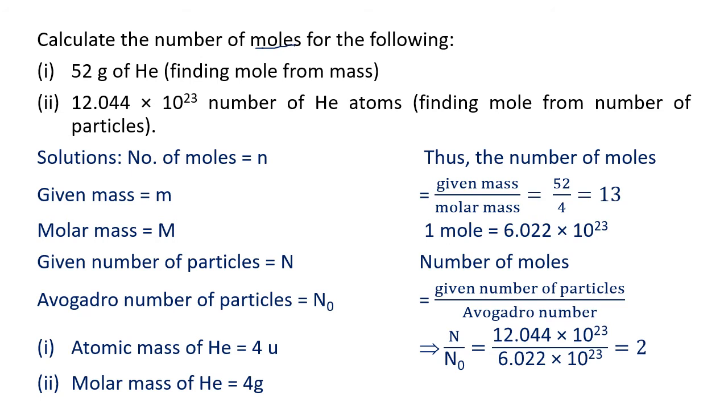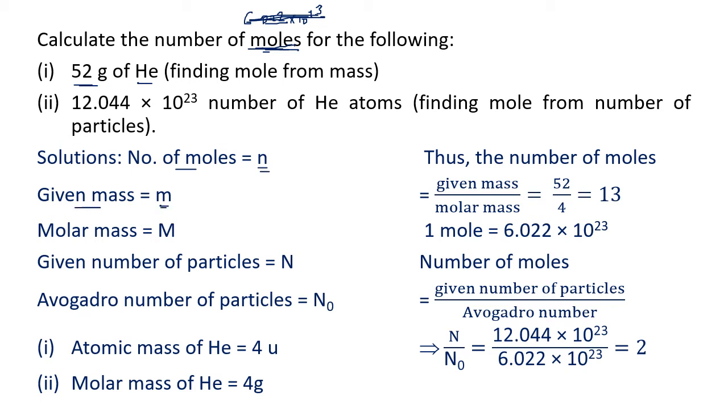Calculate the number of moles for 52 gram of helium. What do you have to calculate? How many moles? So 1 mole is 6.022 into 10 raised to 23, we know, but you don't have to find the number of atoms or molecules. You have to find it in moles. So first we have to find how many moles in 52 gram of helium. How do we write it? Let the number of moles be small n, and the given mass be m.